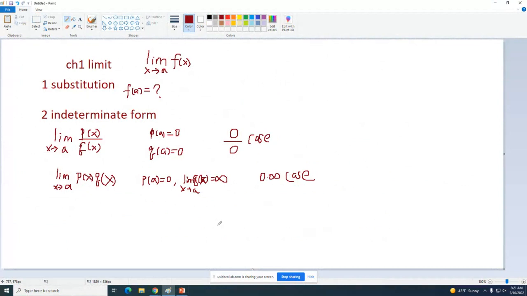Hopefully, after canceling the common factor, it's no longer a 0 divided by 0 scenario. So in the past, to deal with the indeterminate cases, we try to find a way to cancel out the common factor and change it into a determinate case. Change scenario number 2 into scenario number 1.